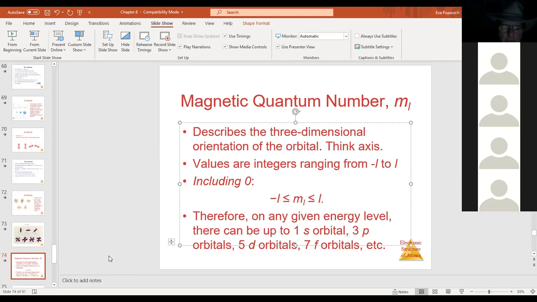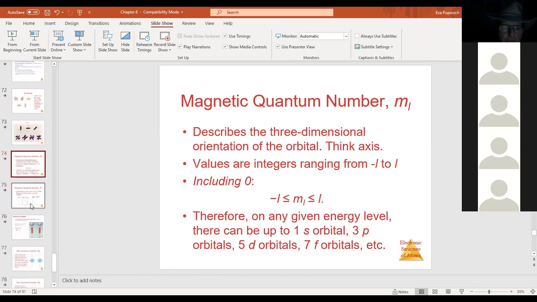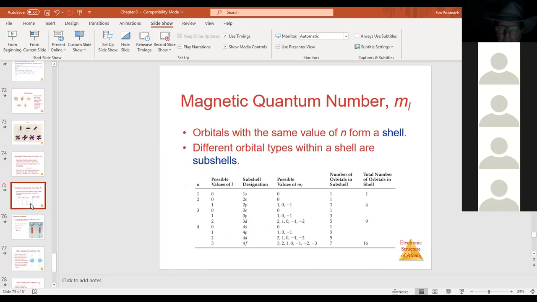I think so. This slide basically gives you the quantum numbers that are possible for n, L, and m sub L.